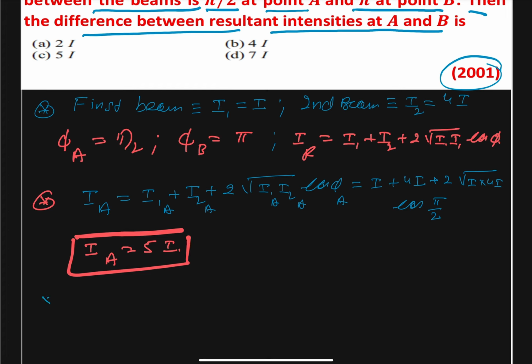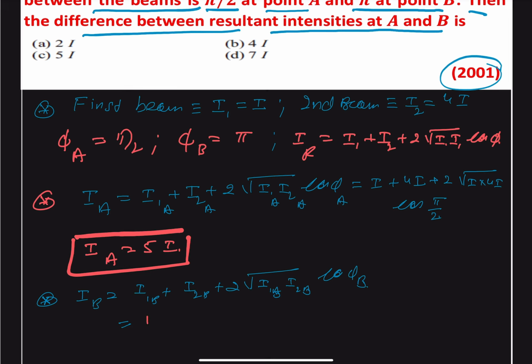Similarly, we can do it for IB. IB is equal to I1 plus I2 plus 2 square root of I1 I2 cos of phi B. We substitute the values, and the phase difference is given as pi.